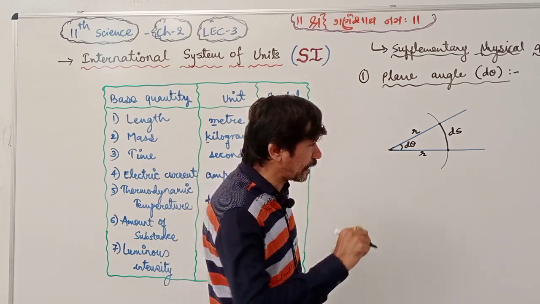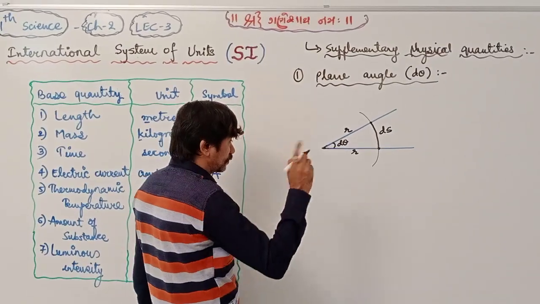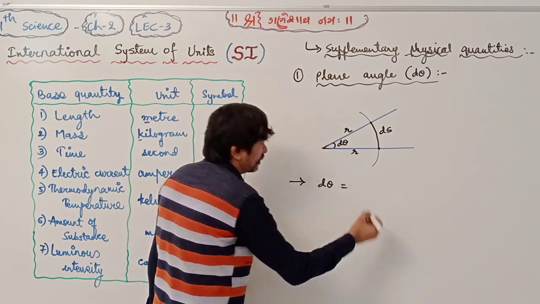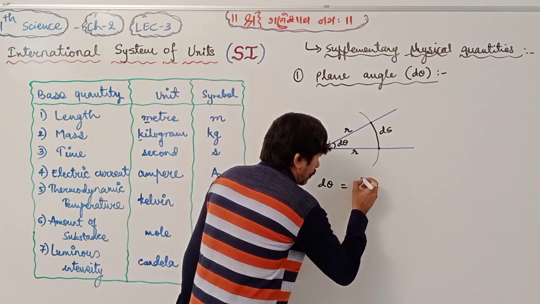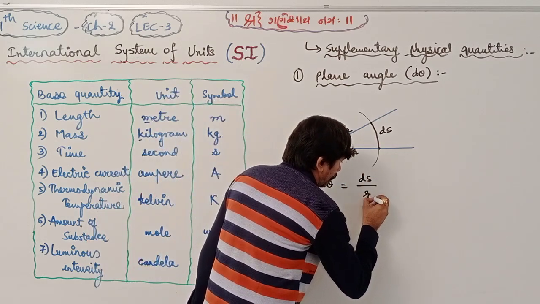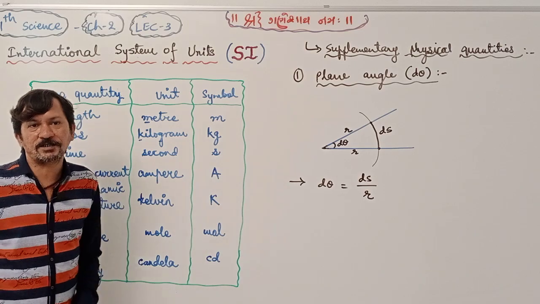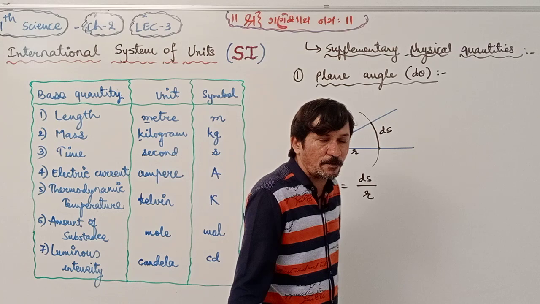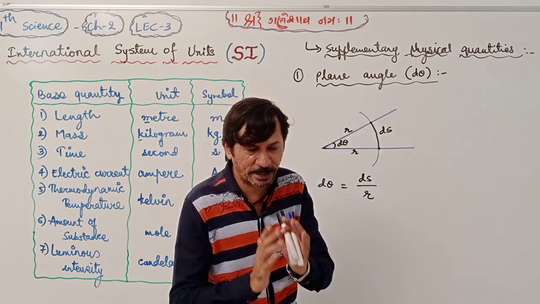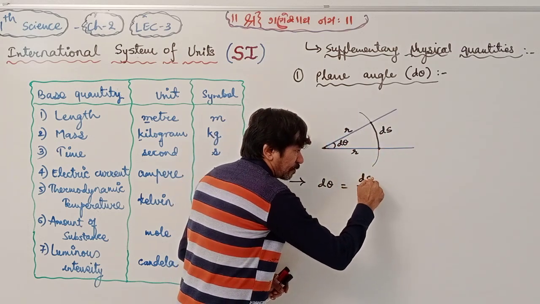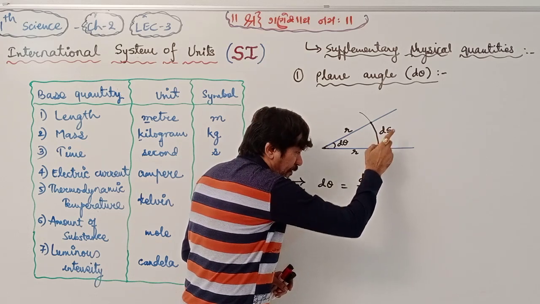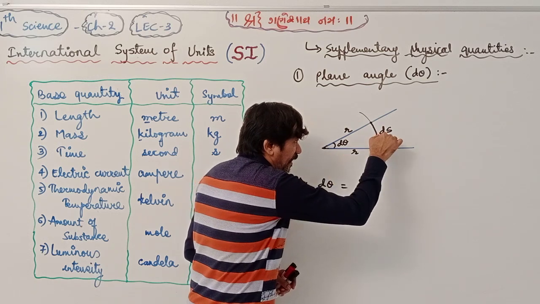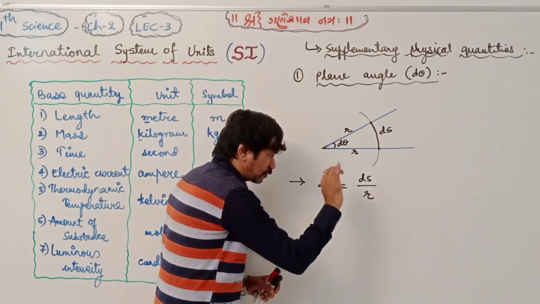I am writing a formula to define this angle. D theta is ds upon r. Here is the formula of d theta. Think, what is d theta? It's an angle known as plane angle. What is ds? Length of arc. What is r? Radius of the circle of which this is the arc. Now think about the definition.